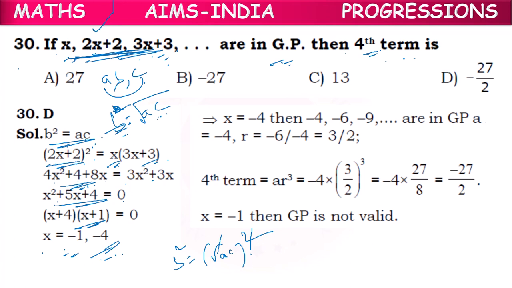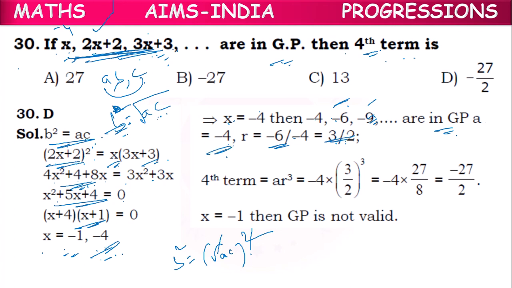If x is minus 4, so then we will get the values as minus 4, 2 into minus 4 plus 2, minus 6, 3 into minus 4 plus 3, minus 9. We will get this. If we observe the common ratio, minus 6 by minus 4, 3 by 2, minus 9 by minus 6 also, we will get 3 by 2.